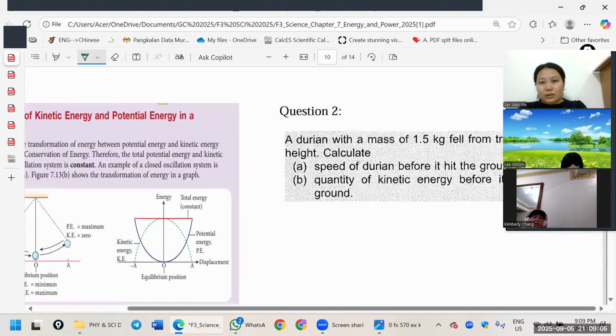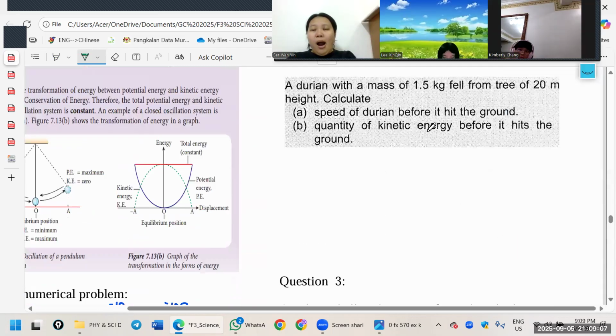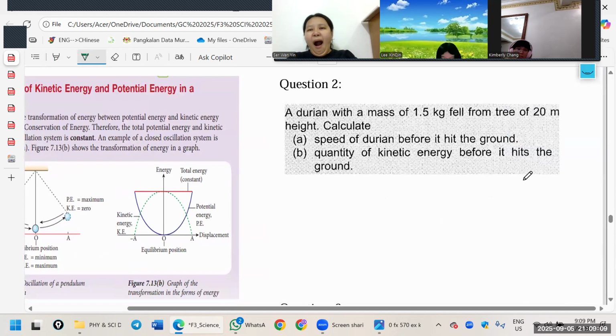Right, so now next. Anyone can tell me what is the change of energy? Gravitational until kinetic. Yes.